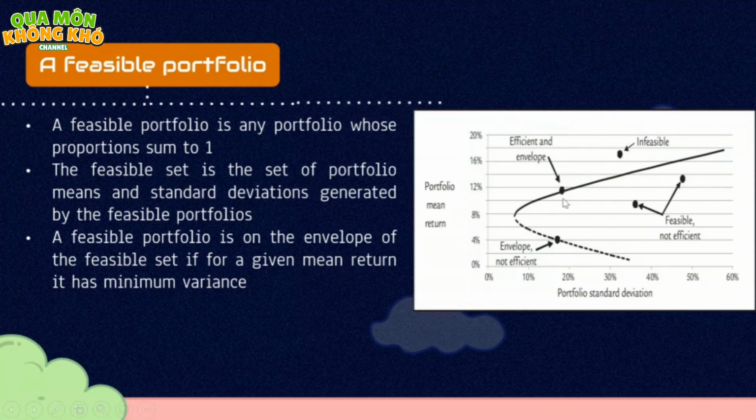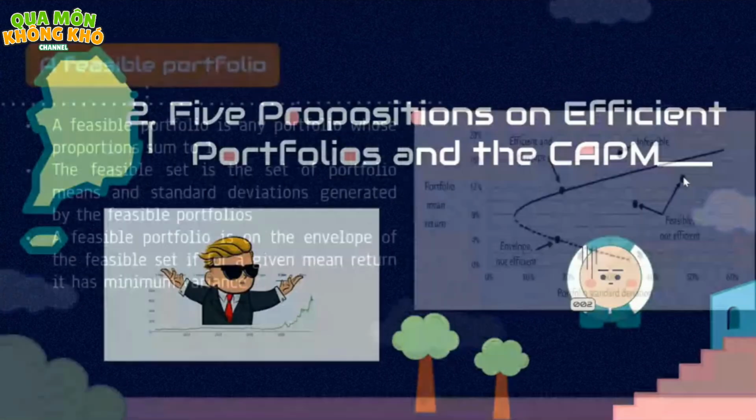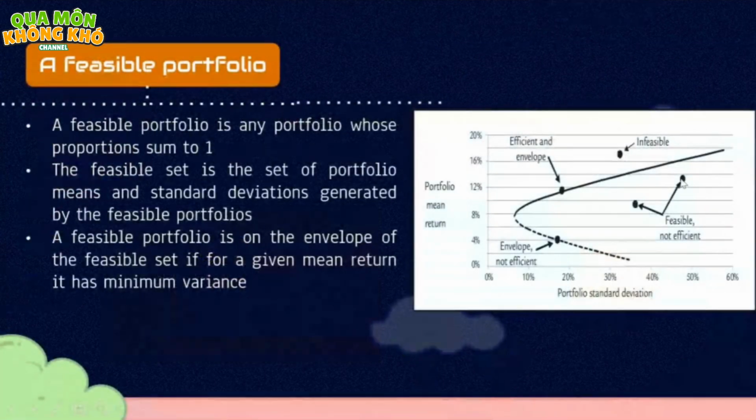You can see in the picture here, the area on the right side is the feasible area, and the whole curve is the envelope, and from the minimum var upward is the efficient frontier. And you can see two portfolios in the feasible area, but they are not on the line of efficient and envelope. They are feasible but not efficient.